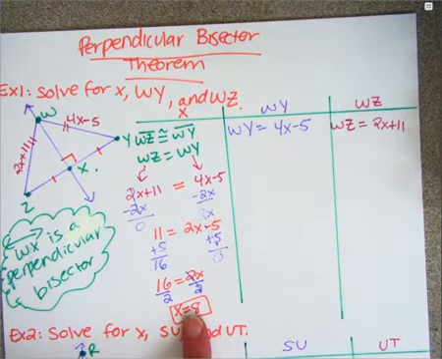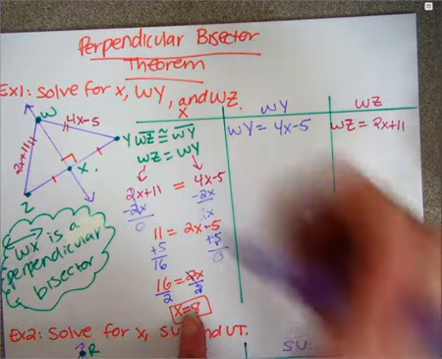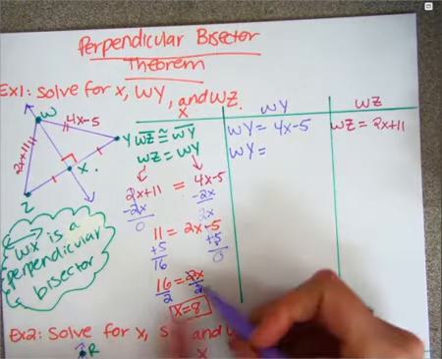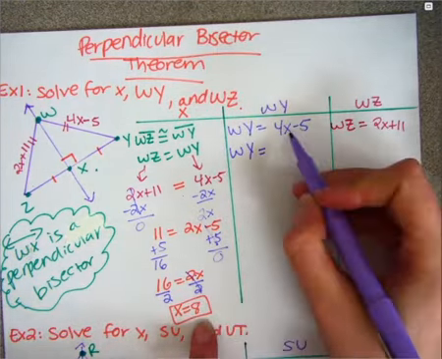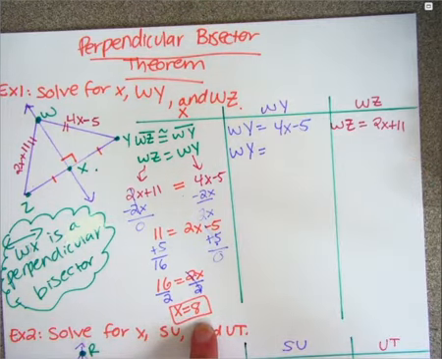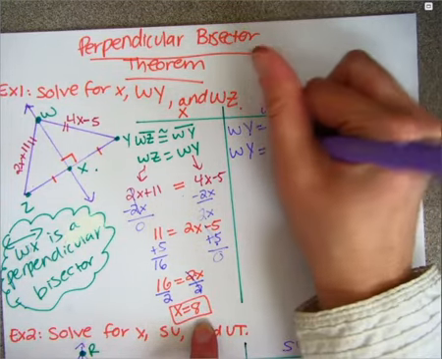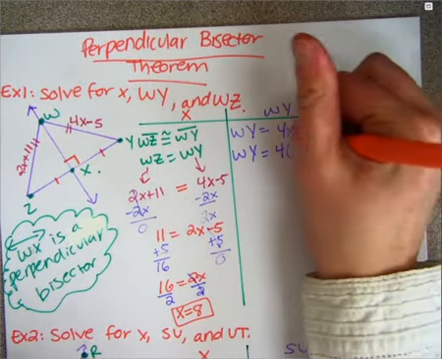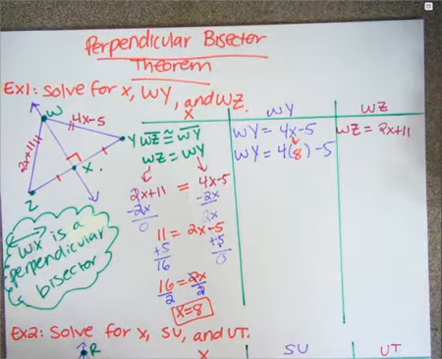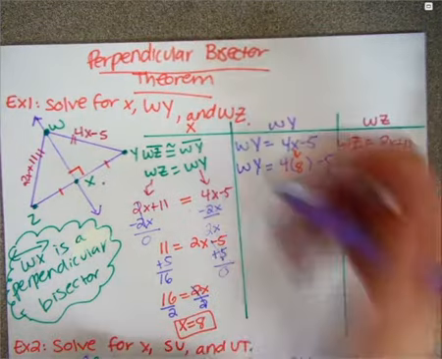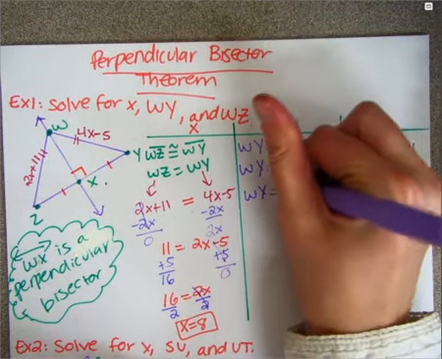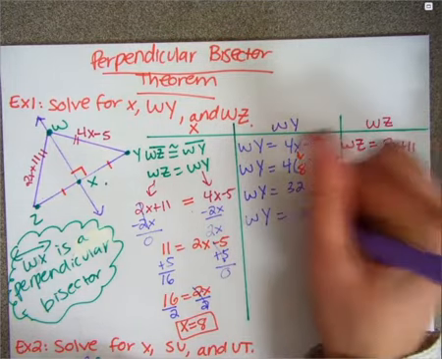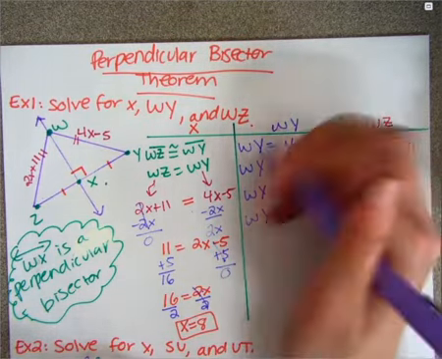Oh man, you guys always know the right answer. Gosh, I should have learned from you guys, not the other way around. But anyway, since x equals 8, I simply substitute an 8 for x, and that will help me solve for my values. So I have 4 times 8. My x will transform into an 8. 4 times 8 will give me 32, and 32 minus 5 will be 27.